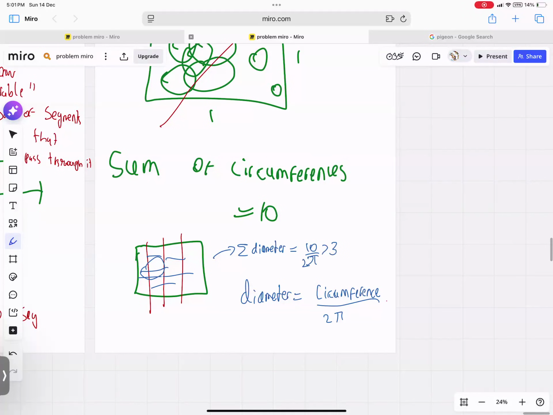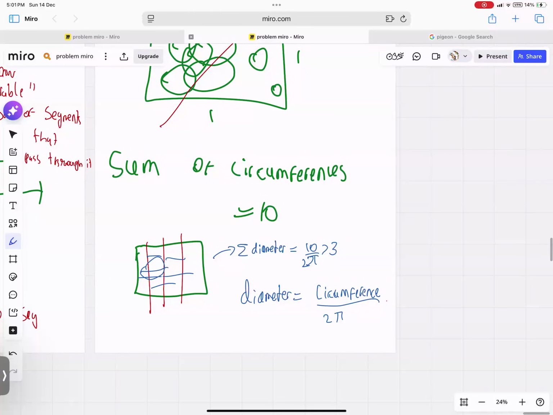And the point is this is at least 3. Method of moving lines, wow. So 10 by 2 pi.